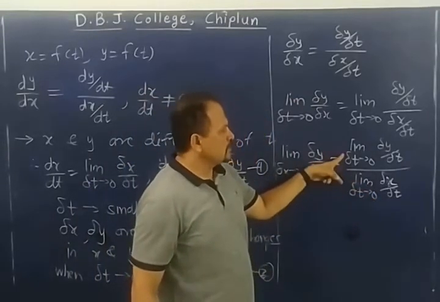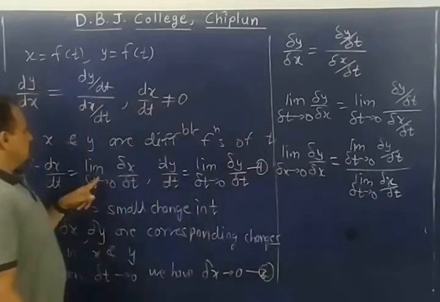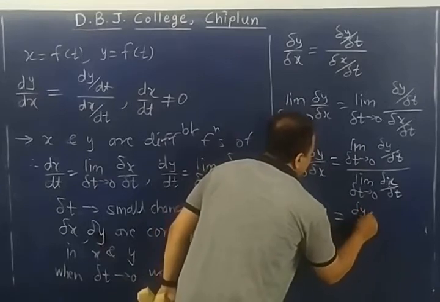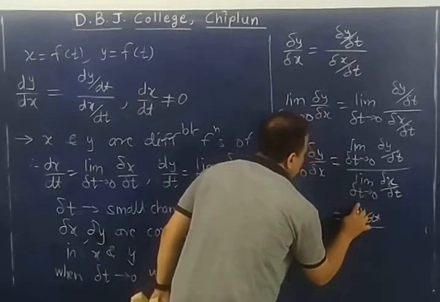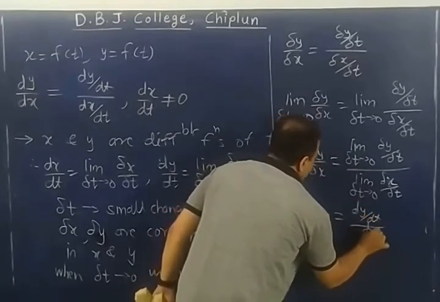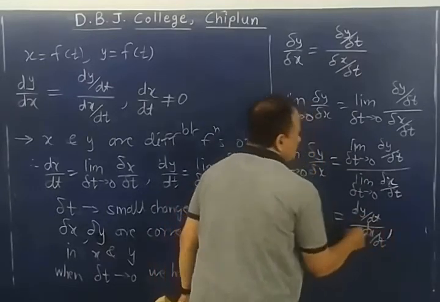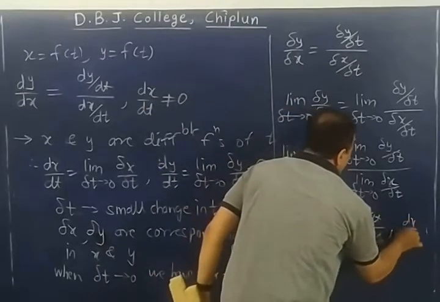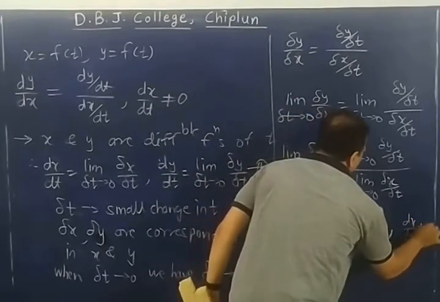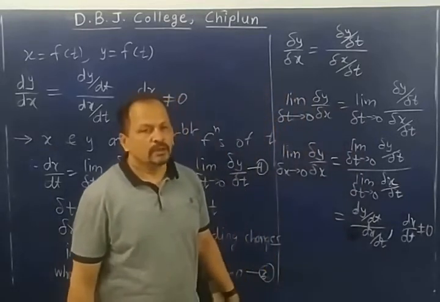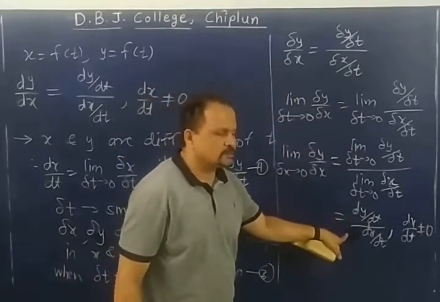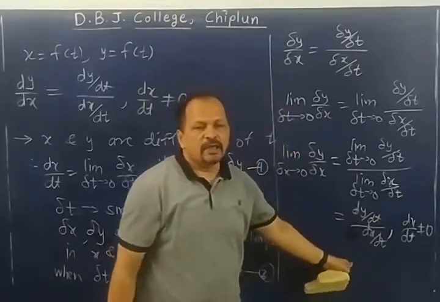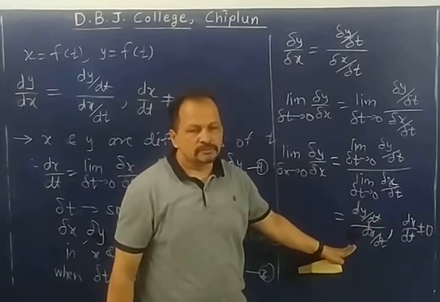Now here from 1, I can replace it by dy by dt upon dx by dt. Now this exists if dx by dt is not equal to 0. This exists only in this case, and therefore the limit on the right hand side exists and is finite.